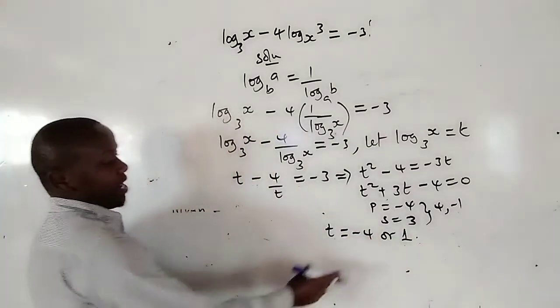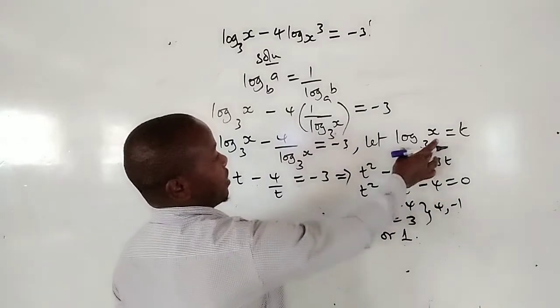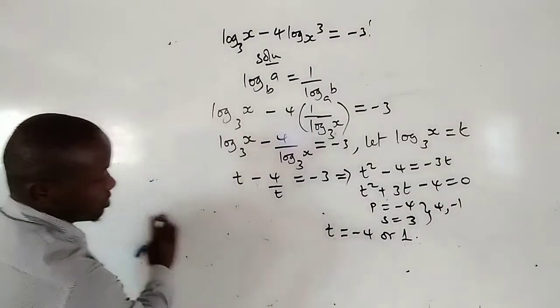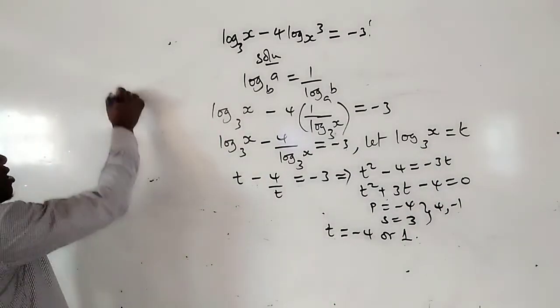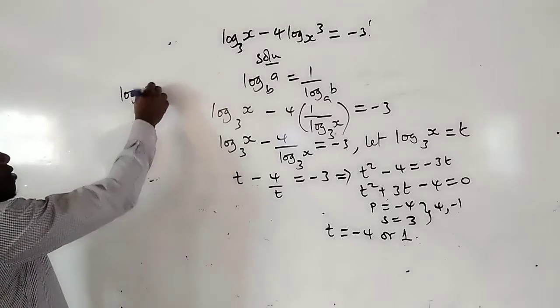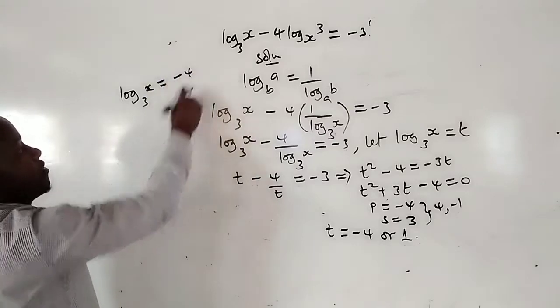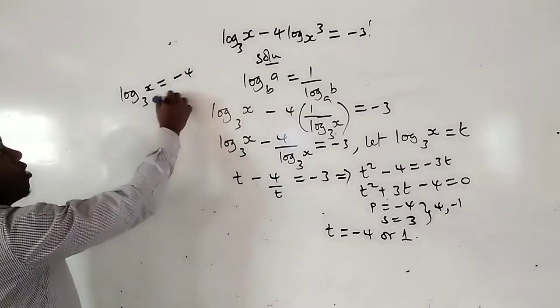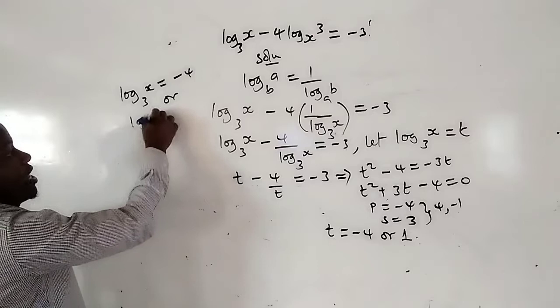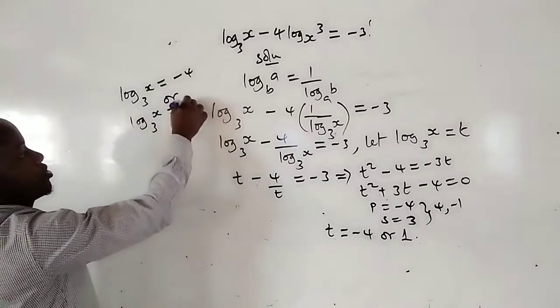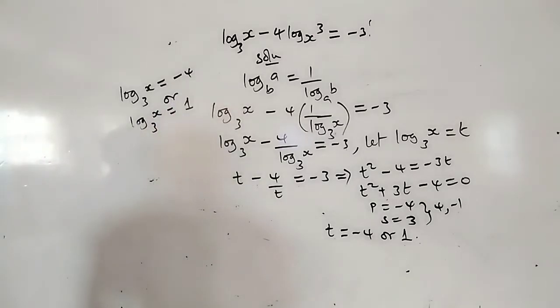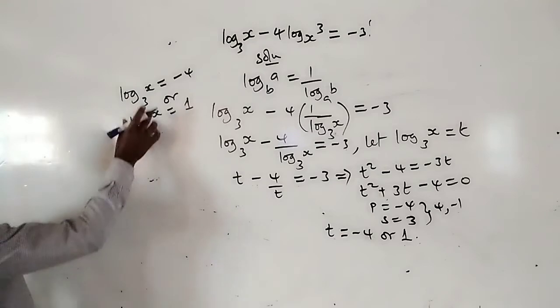With the values of t, we know that the log of x to base 3 is equal to t. So it can either be negative 4, or the log of x to base 3 can be positive 1. Therefore now we apply the index notation form. These are terms in logarithm form.